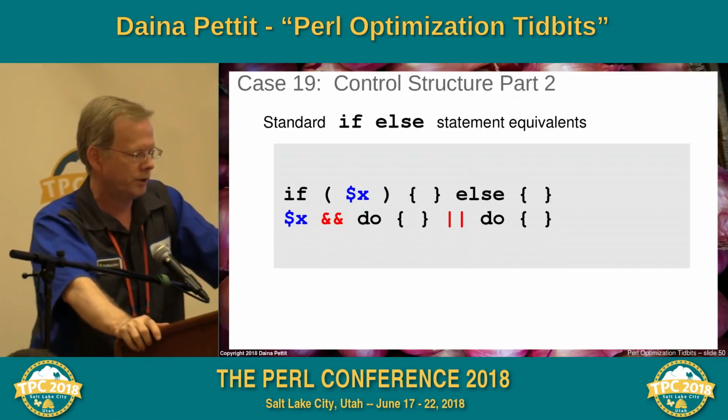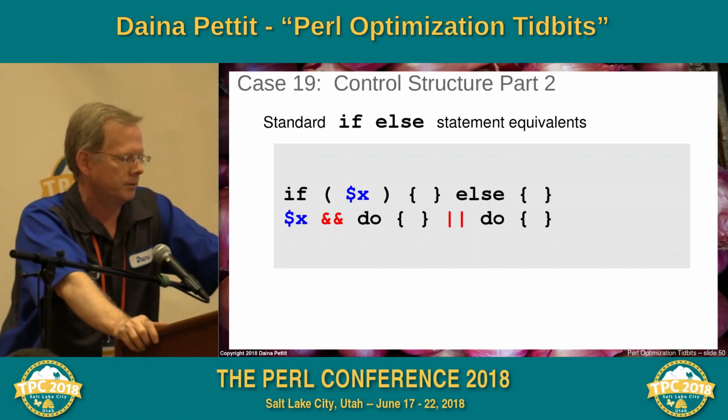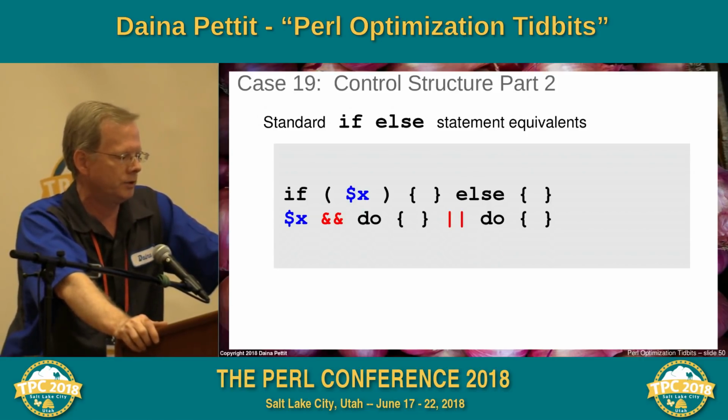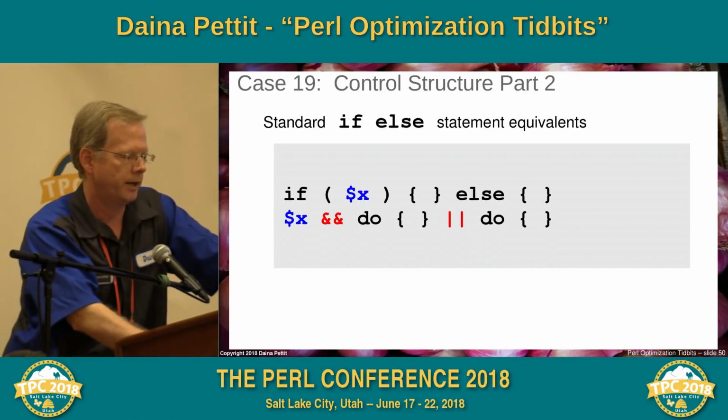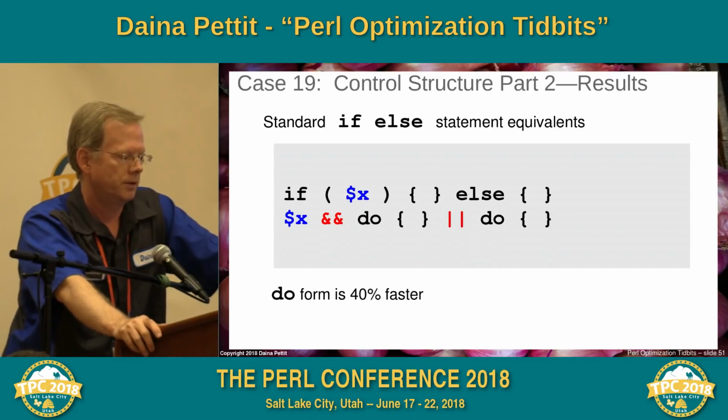If we look at an alternate of something like that, where we have the else case, it turns out that the do form is actually 40% faster.